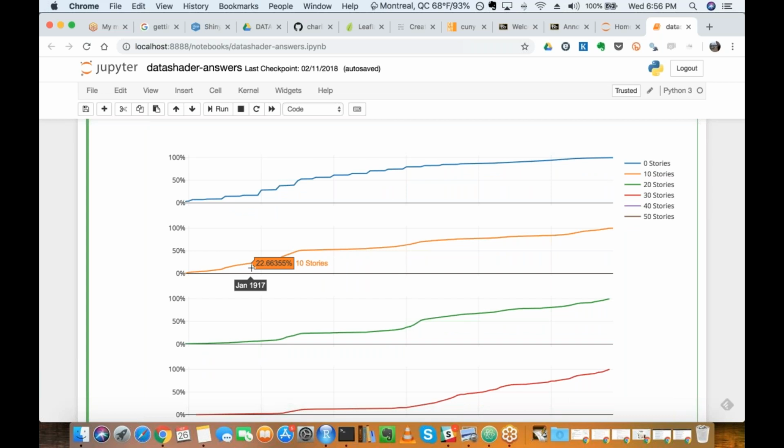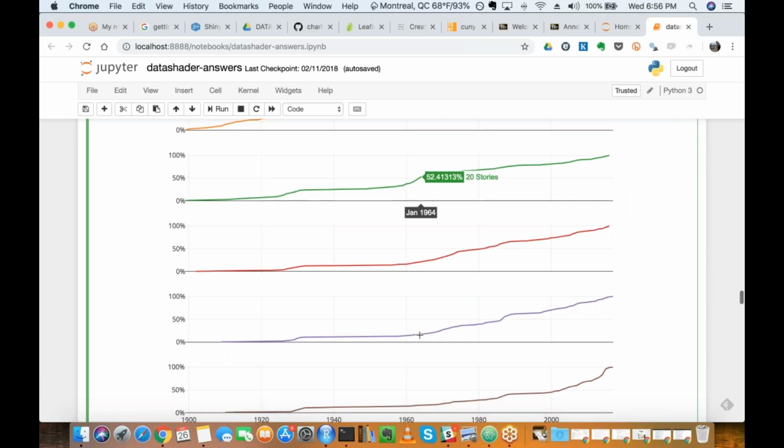But let's say we had a cutoff of 50%, where we wanted to be more conservative, and we wanted to check the first half of buildings that were built to be over 10 stories. You reach that point in 10-story buildings around the 1930s, so around January 1931. With 20-story buildings, you don't reach that point until the 1960s. And similarly, you reach it around the 1980s for 30-story buildings, and similarly for 40 and 50-story buildings.